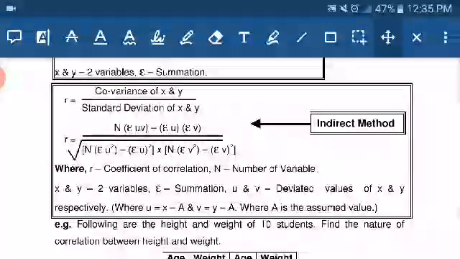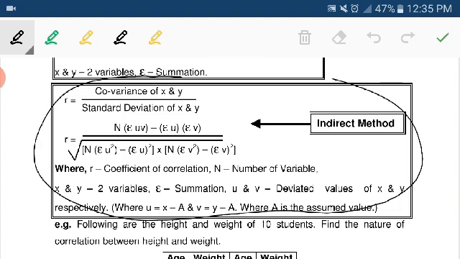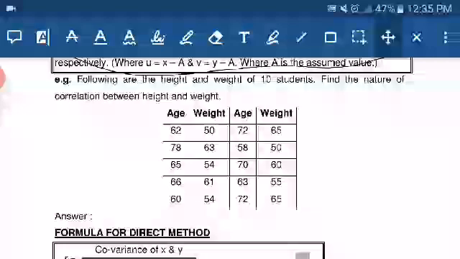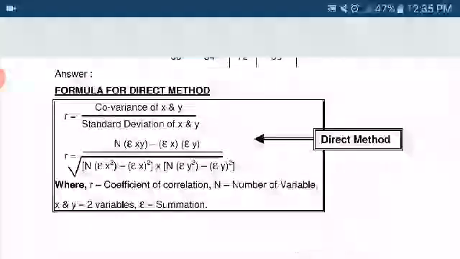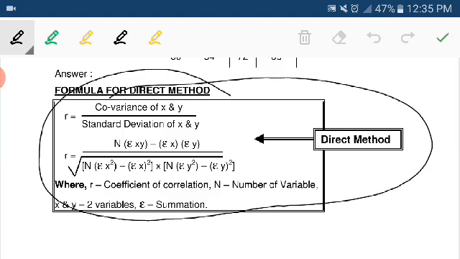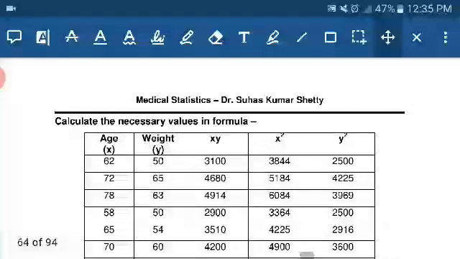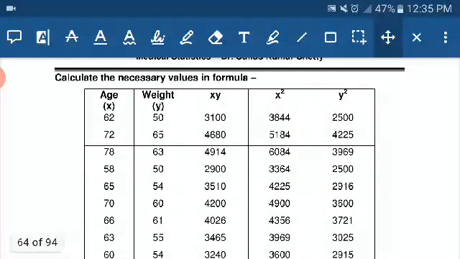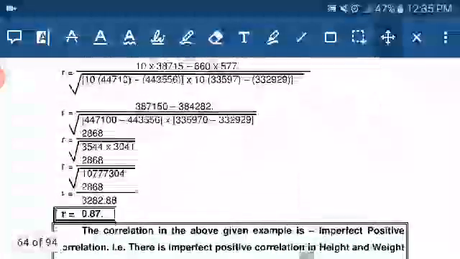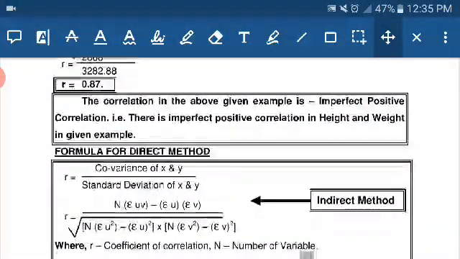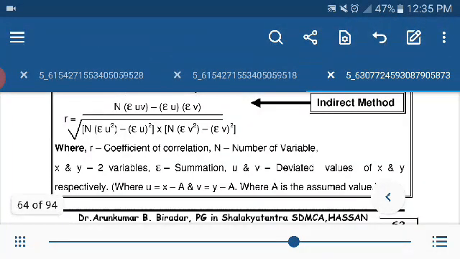There are two formulas, and these are the formulas for the direct method also. Calculate the necessary values in the formulas. If we put them in, we can calculate both imperfect positive and perfect positive values by the direct and the indirect method.